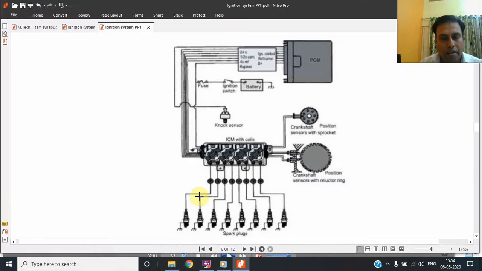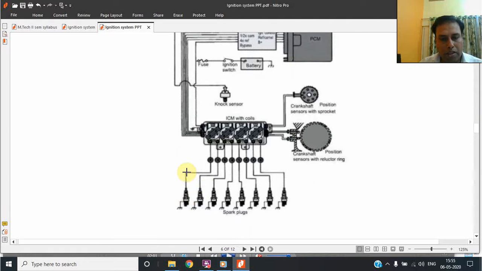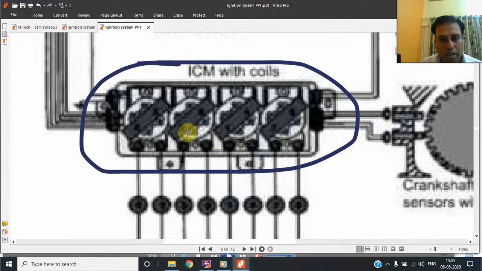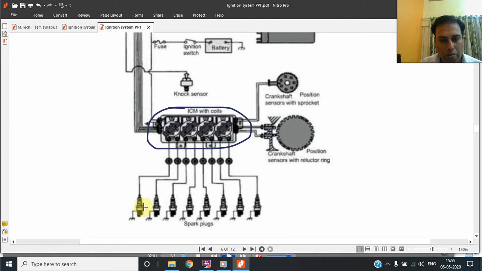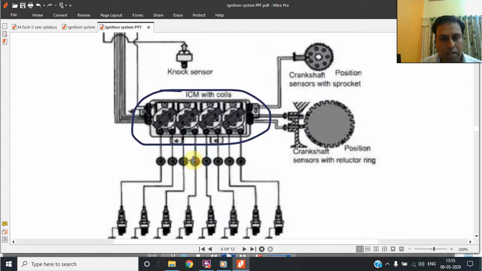Now moving ahead with the subject, the diagram shown here is of the ignition control module. They have shown that individual high tension coils are there. Although the spark plugs are 1, 2, 3, 4, 5, 6, 7, 8, in an eight cylinder engine, for 2 cylinders they have used a single coil.